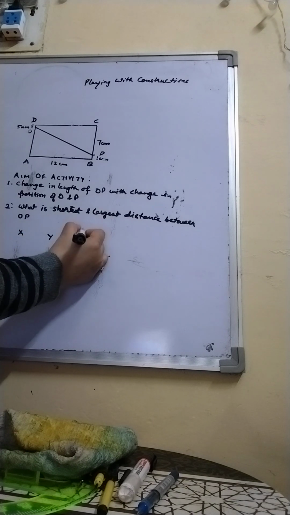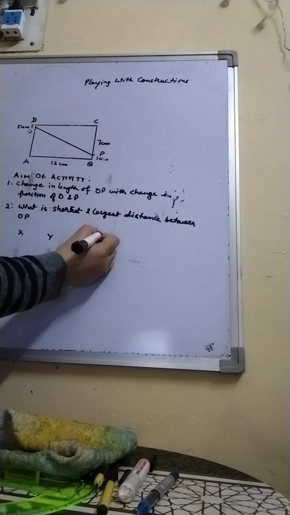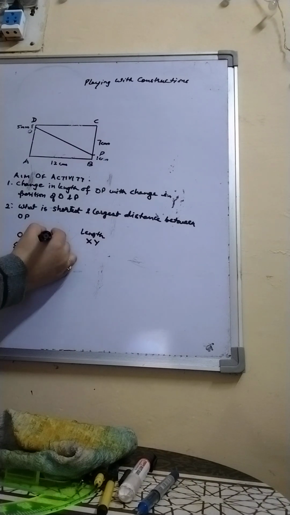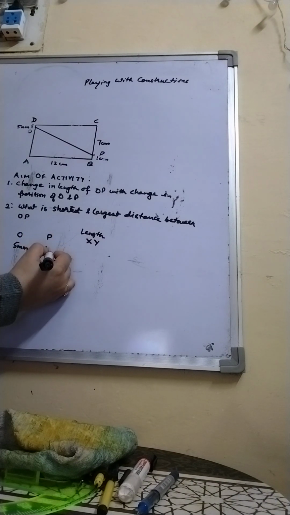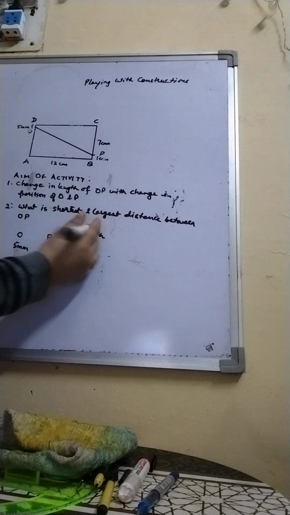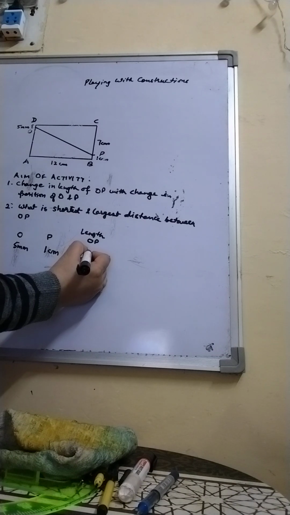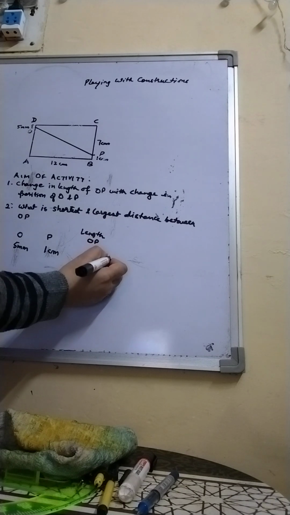the length of xy. Okay, so when x is at 5 millimeter, and P is at 1 centimeter, then the length OP is around 13.4 centimeter.